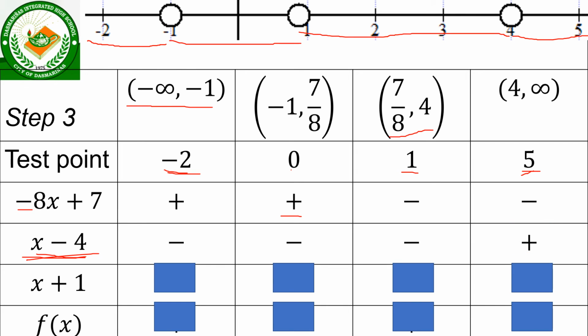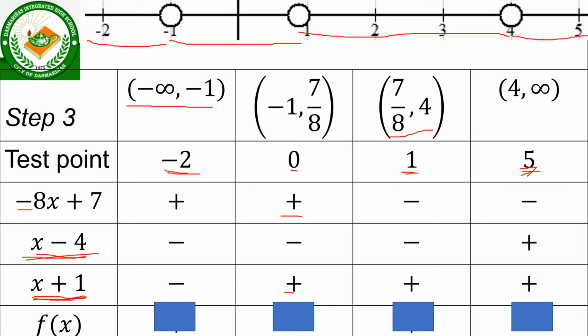Negative 2 plus 1, negative. 0 plus 1, positive. This one is 1 plus 1, 2, positive, and 5 plus 1, positive.